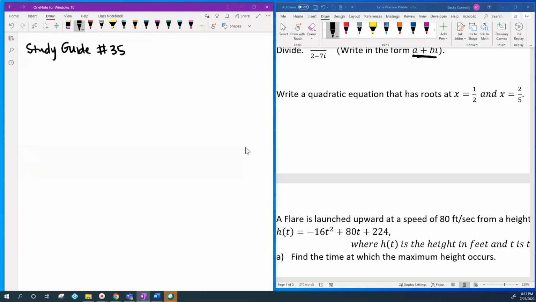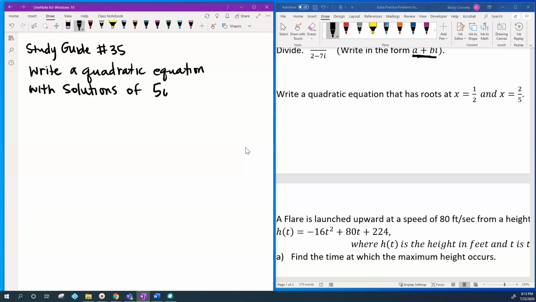And it says, write a quadratic equation whose solutions are 5i and negative 5i. Right, so we're doing kind of the same thing that we did above, trying to write a quadratic equation with solutions of 5i and negative 5i.